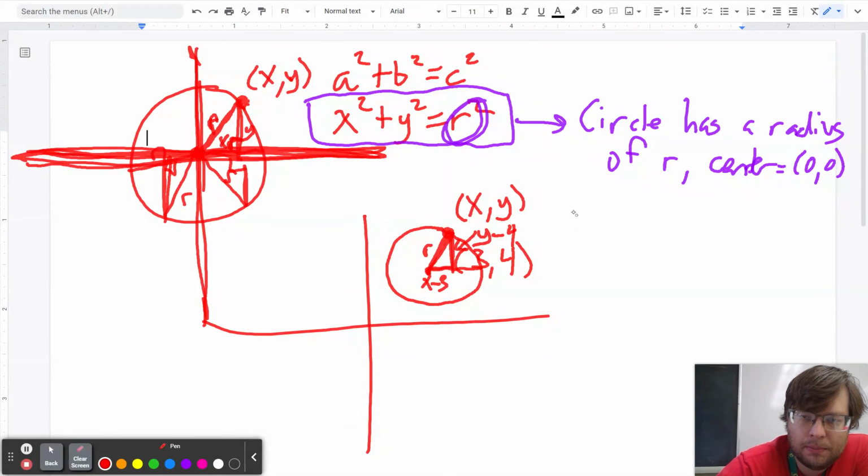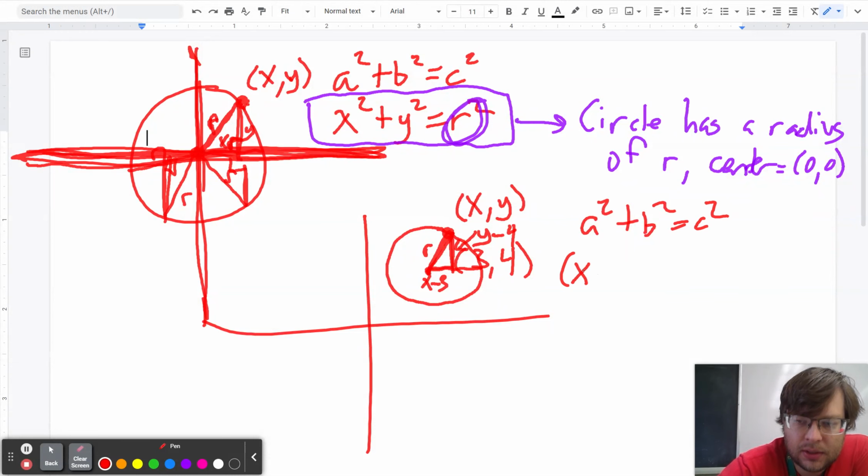So then my Pythagorean theorem, my a squared plus b squared equals c squared, becomes x minus 3 squared plus y minus 4 squared equals the radius squared.